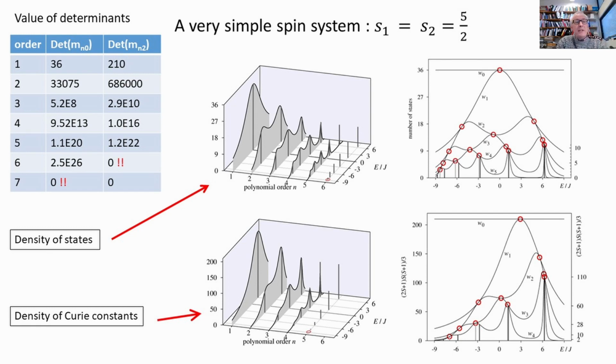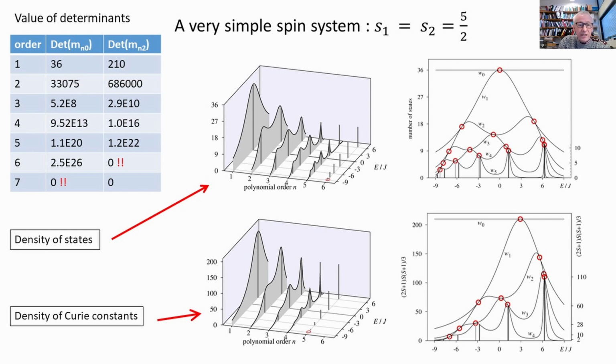See, these determinants for a simple spin system, which we looked at before, go as 36 up to, and at order 7, it collapses and becomes 0. It simply means that the system is completely solved at this order. And how does this proceed?